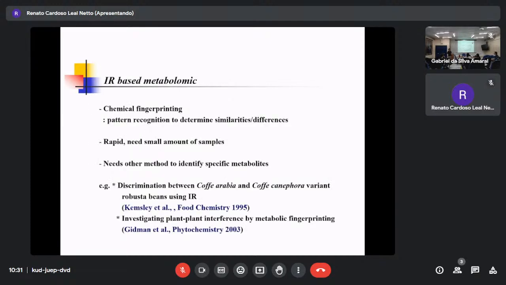Then there is IR. IR is also used a lot, for fingerprint cases, because IR is also a band type of spectroscopy. Band type means the raw data looks like this, but you have to do a second derivative.